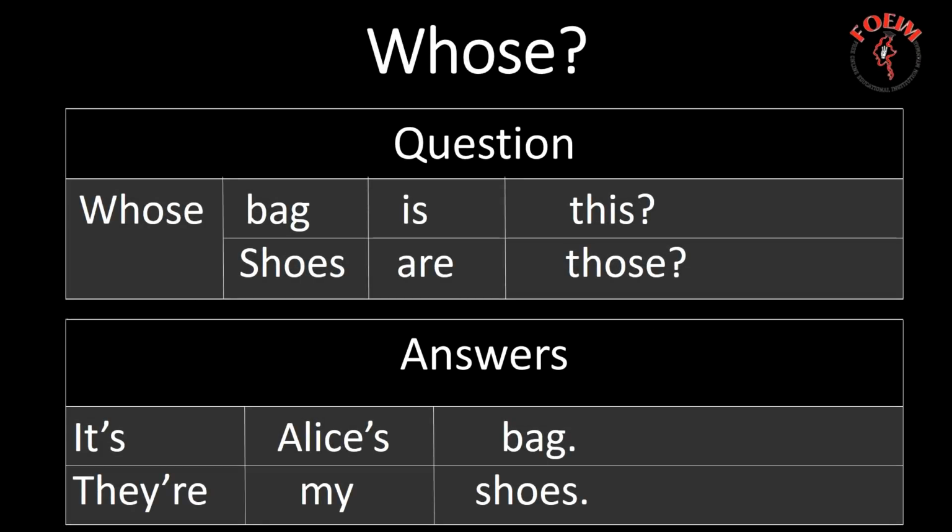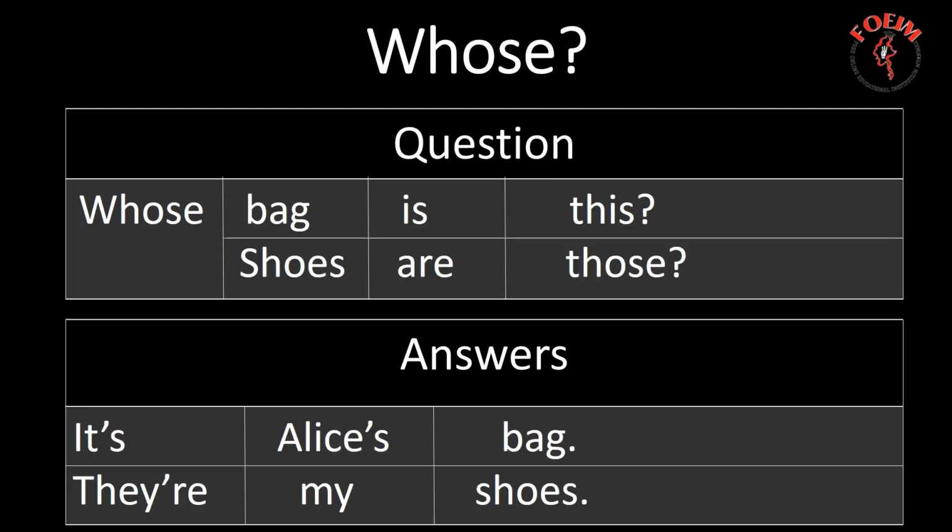The last lesson today I will show is the WH question word whose. We use whose when we are asking who the owner of something is or who something belongs to. Look at the table. Whose bag is this?